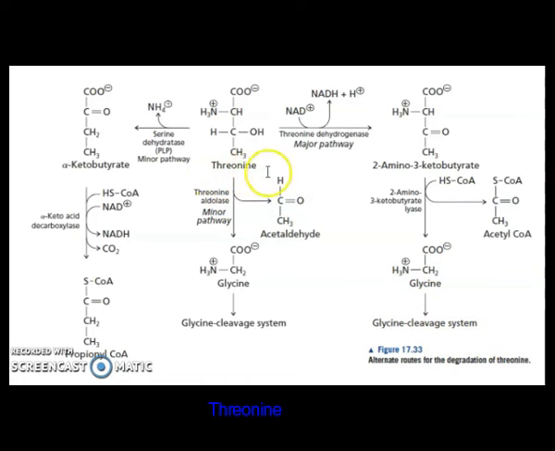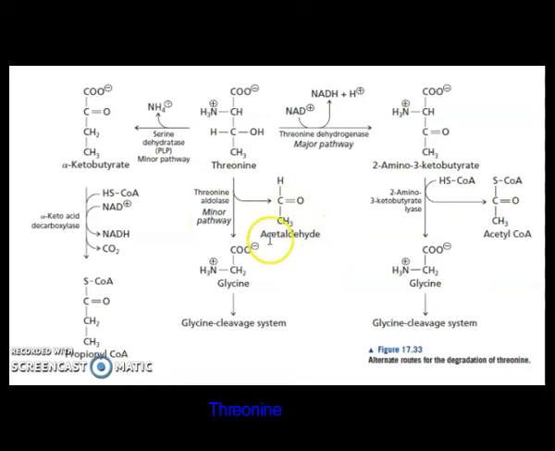In the second pathway, threonine is cleaved into acetaldehyde and glycine by the action of threonine aldolase. Threonine aldolase is actually a minor activity of serine hydroxymethyltransferase in many tissues and organisms.